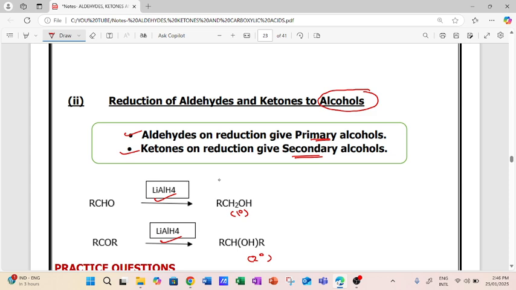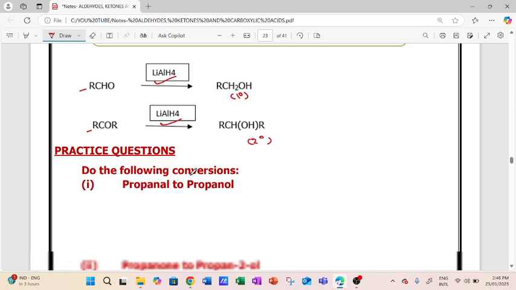RCOR changes to RCHOHR and RCHO changes to RCH2OH. In the previous case the product is the same but the reducing agents are different. Here the reducing agent is the same but the products are different for aldehydes and ketones.